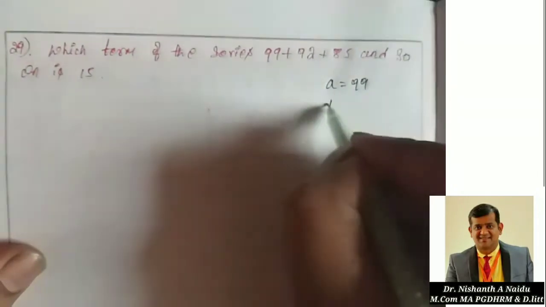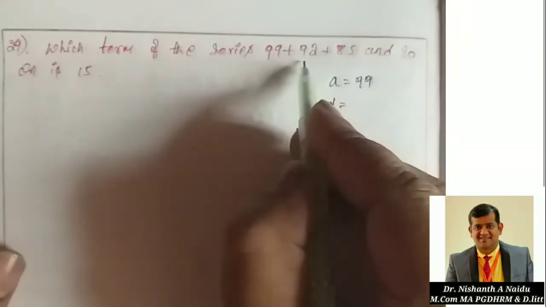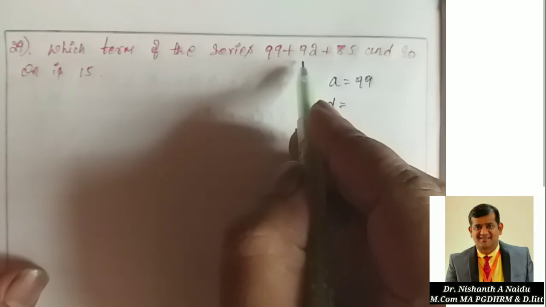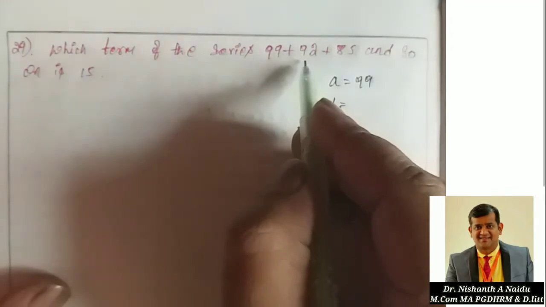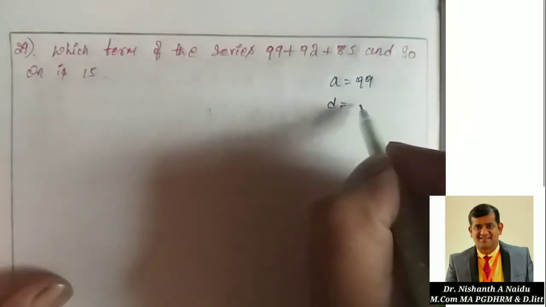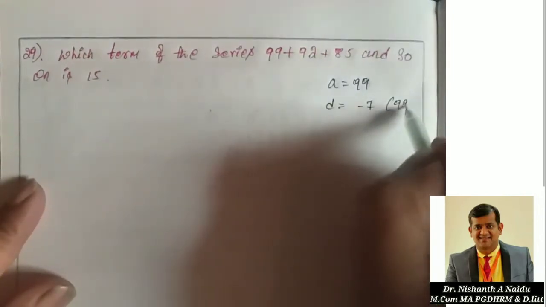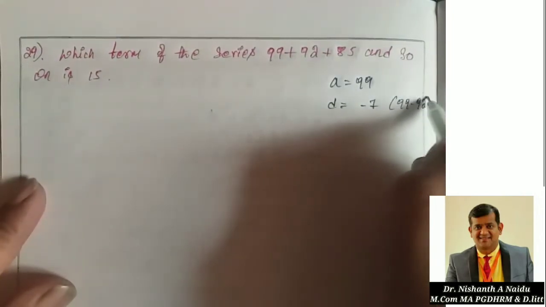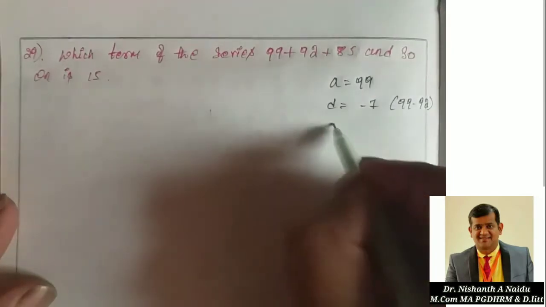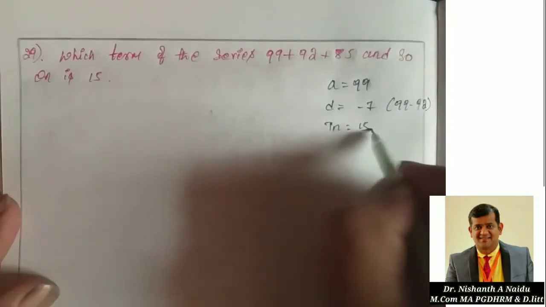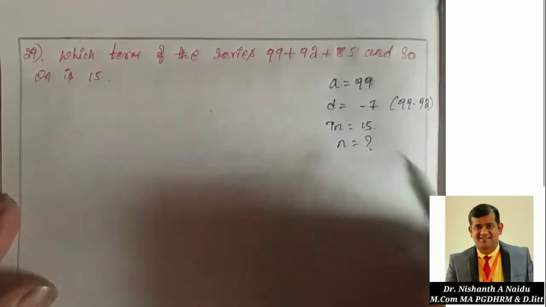A is 99 and D is 92 minus 99, or 92 minus 85, whatever you take, so that becomes minus 7. Then Tn is given, that is 15, and n we don't know.